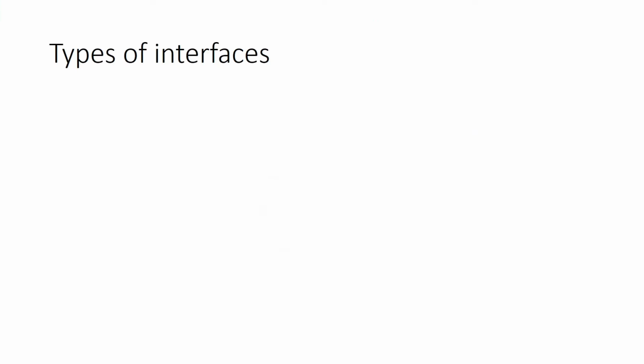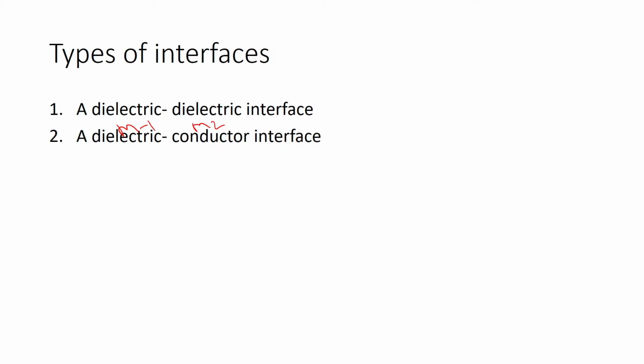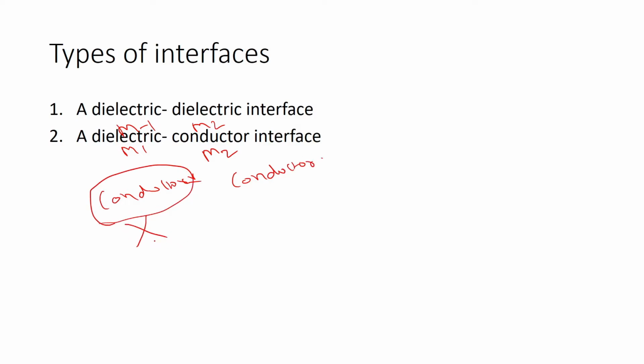As I have told you, the interface between medium 1 and medium 2 can be of many types. In that, we discuss a dielectric interface, that is, medium 1 is dielectric and medium 2 is also a dielectric. And we discuss a dielectric-conductor interface where medium 1 is a dielectric but medium 2 is a conductor. You may also say conductor-conductor interface, but that is not a valid interface because an electric field does not exist inside a conductor.